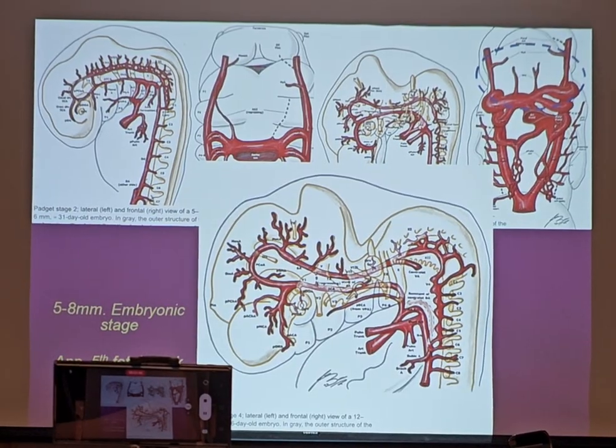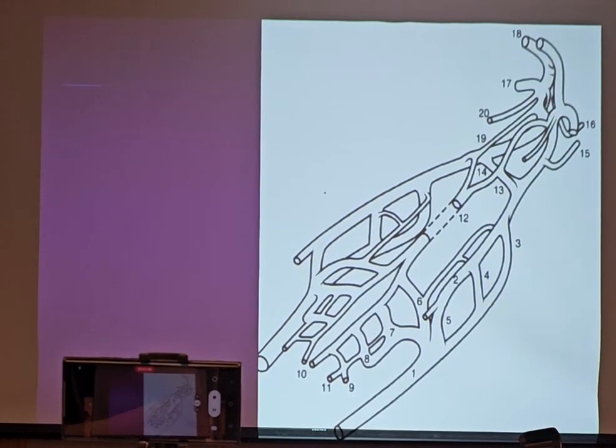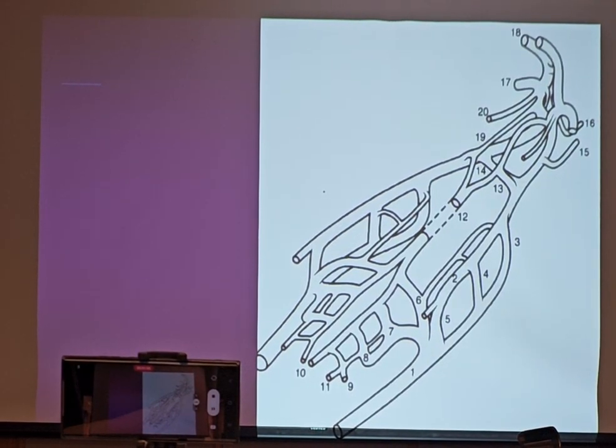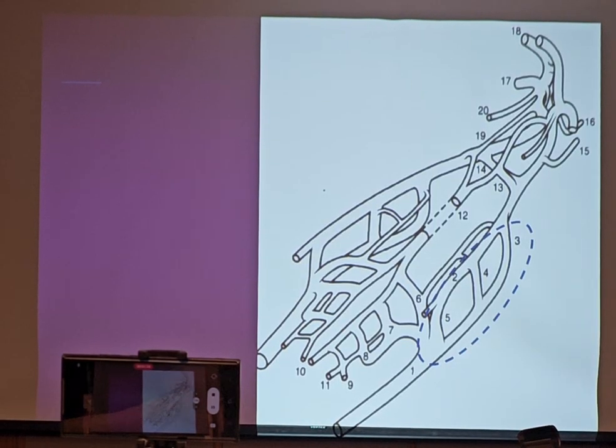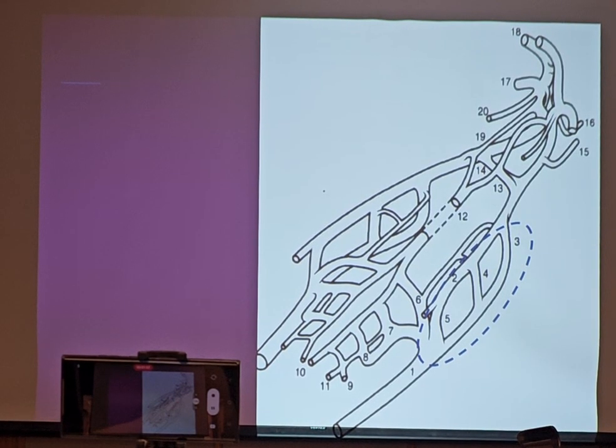So to make this drawing more basic and understandable, this is a diagram from Pierre's book. We will start with the first, second, and third aortic arch. This one is the ventral aorta, and the upper one is the dorsal aorta.